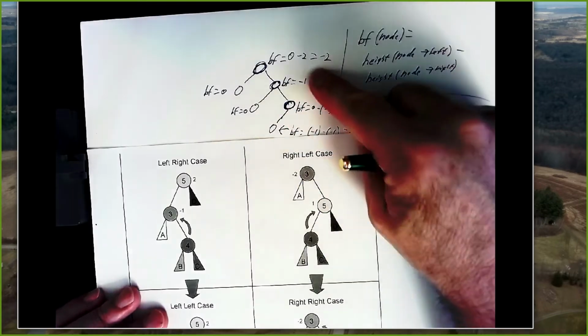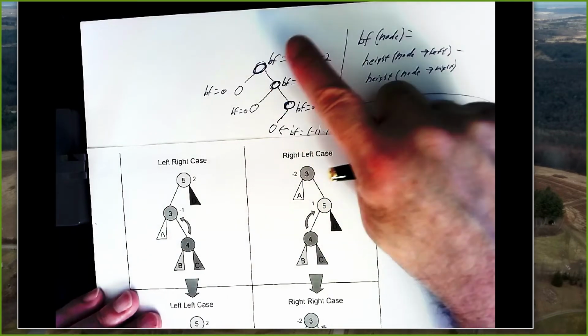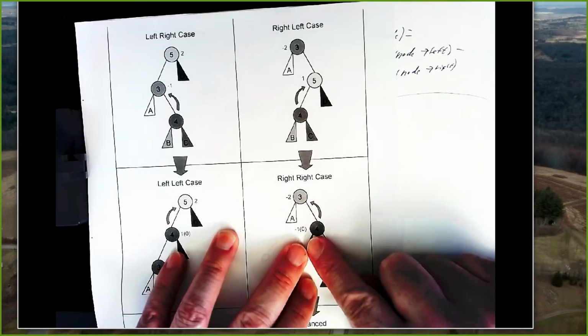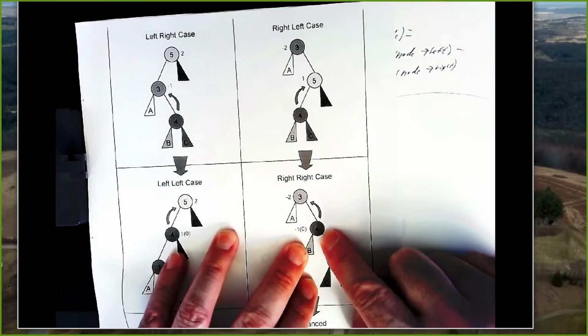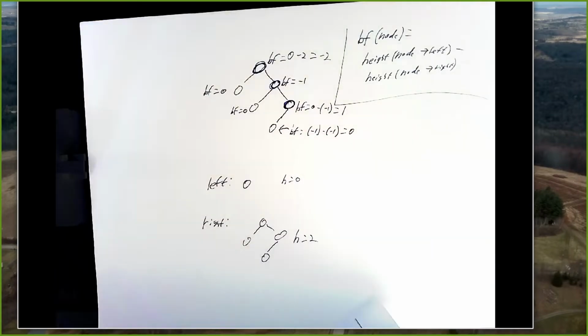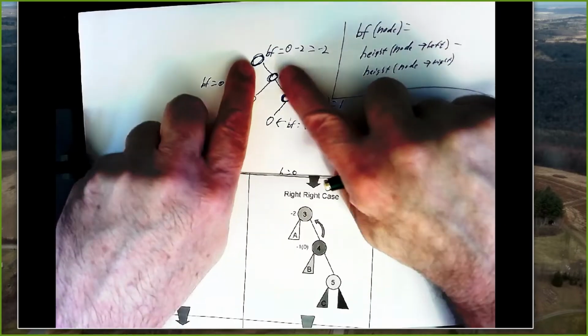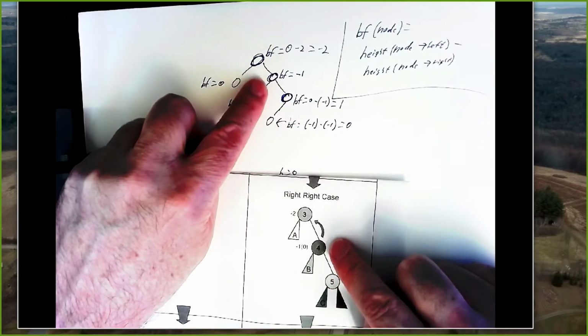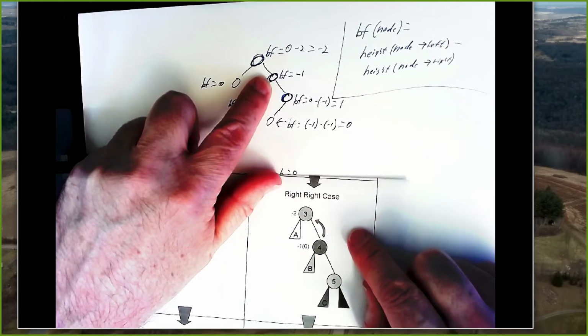And so right here we have a node with a balance factor of -2, and on its right we have a node with a balance factor of -1. If this factor is -1 or 0, this is the picture. And so here's a balance factor of -2, here's a balance factor of -1. This is called the right-right case.